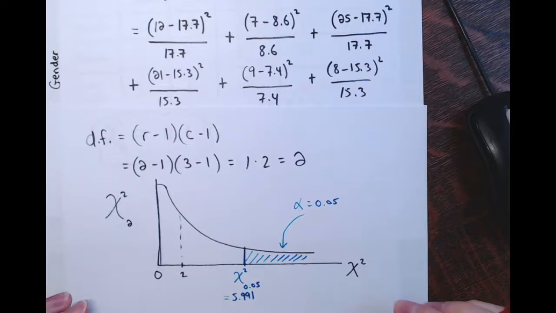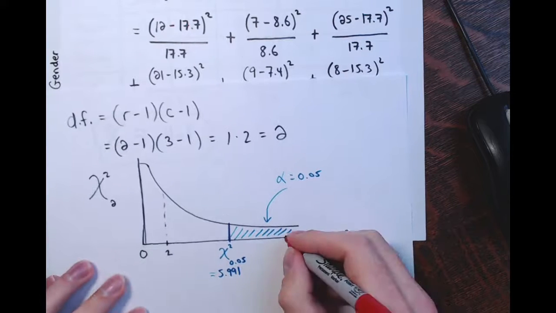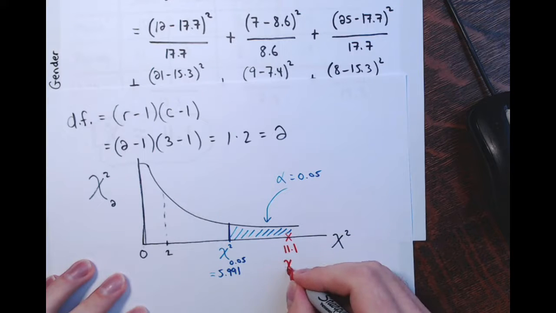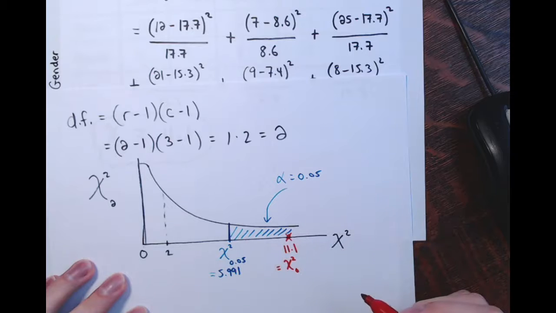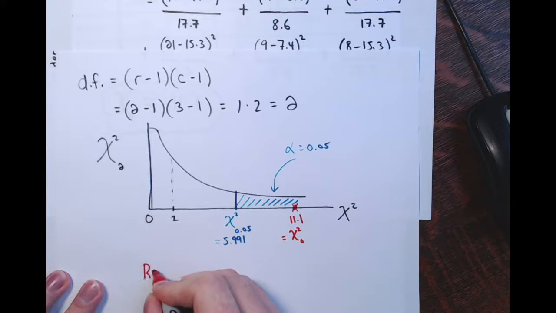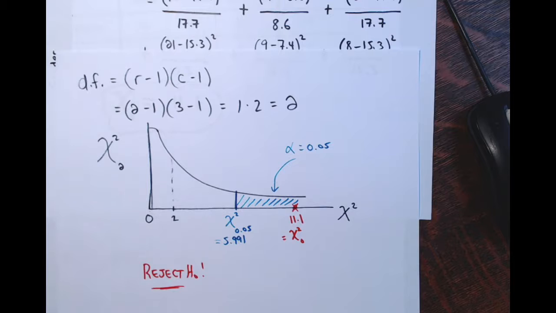Now remember, our test statistic was 11.1, which is definitely in the rejection region. So I would reject the null hypothesis. I'd reject independence.